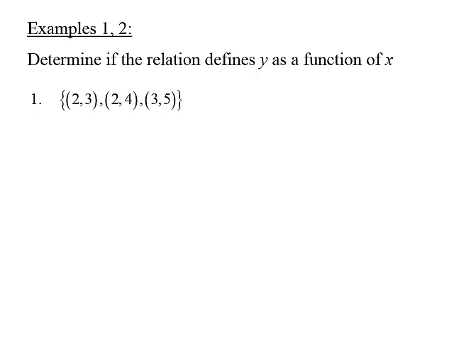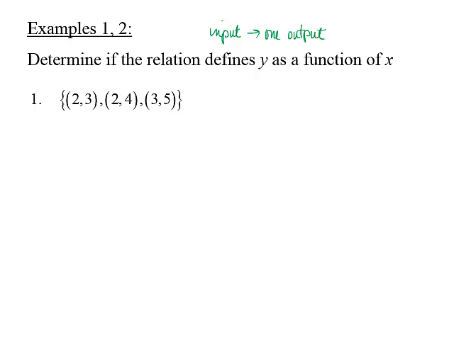In the examples that we're going to do now, we're going to look at different relations and determine if they are functions. The first is a set of ordered pairs (2, 3), (2, 4), (3, 5). For this to be a function, remember our rule that every input of x has only one output.